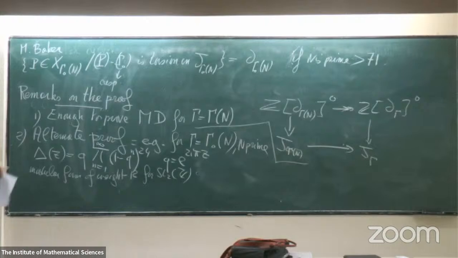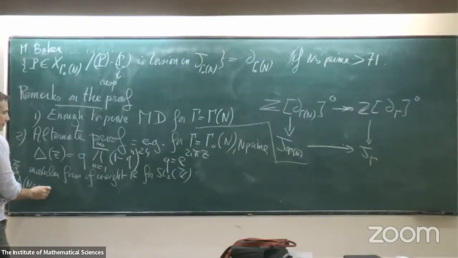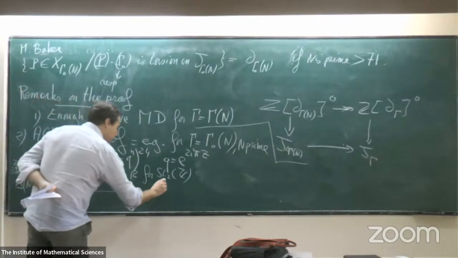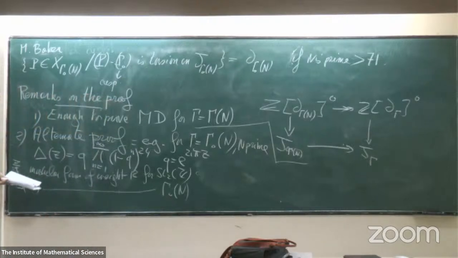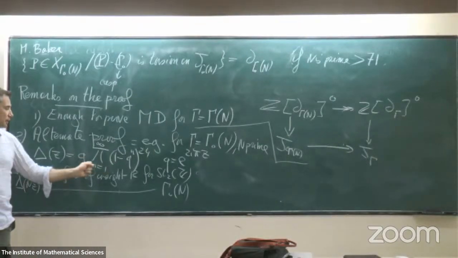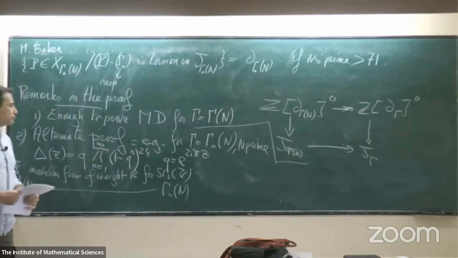And now you can consider delta of Nz. This is a modular form, also of weight 12, but for the group gamma naught of N. It is very easy to see that there is this invariance by gamma naught of N, and you can take the ratio of the two, and the ratio of the two is of weight 0. And the important thing to note is that because it is a product, it does not vanish on the upper half plane.